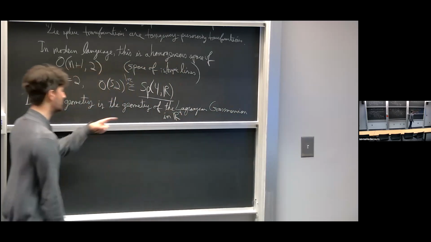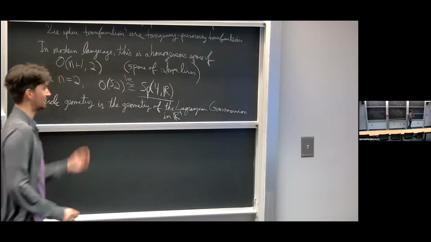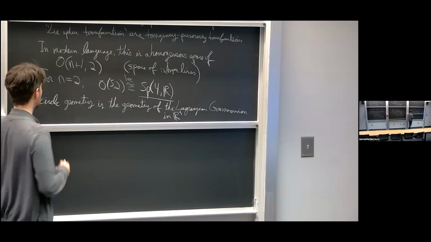So that's the homogeneous space, and the transformations are Sp(4,R) transformations.